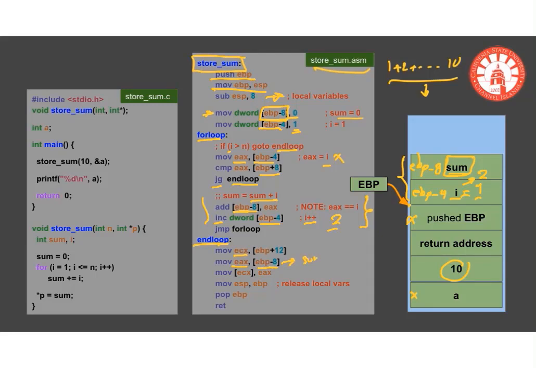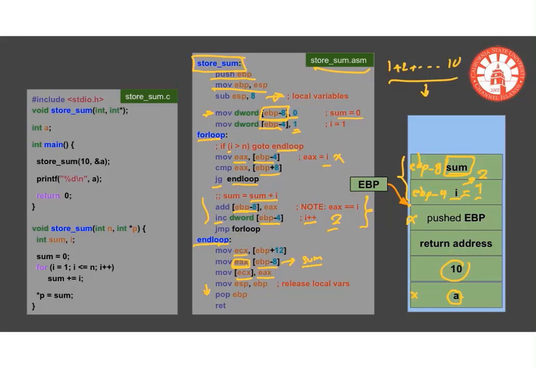It is our sum value. So we put it in the EAX register, and then we take the content of EAX and put it in the location defined by the variable A. Therefore, we take this address, we put the sum to the address pointed to by A, and then we move to the next line.